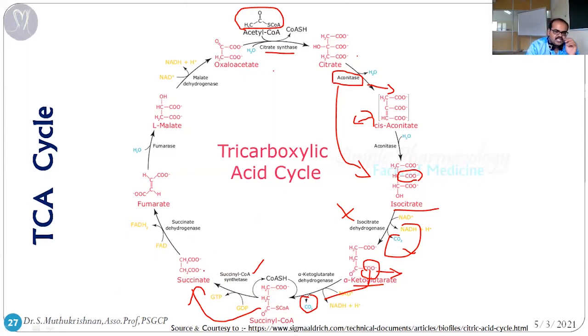Then the succinate is converted into the fumarate with the help of succinate dehydrogenase enzyme. Once the fumarate is there, with addition of a water molecule and the help of fumarase enzyme, the fumarate is converted into L-malate. Then finally the L-malate is converted into the oxaloacetate with the help of malate dehydrogenase enzyme.